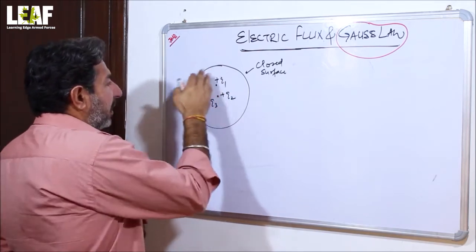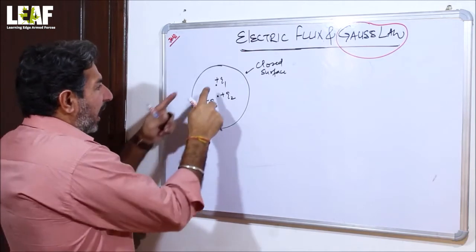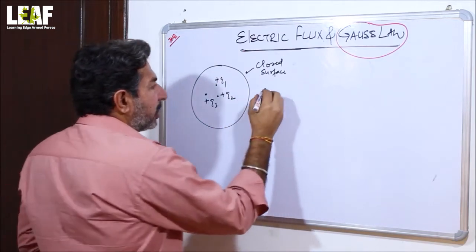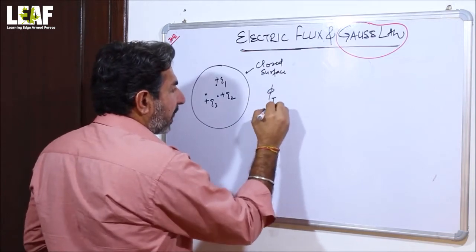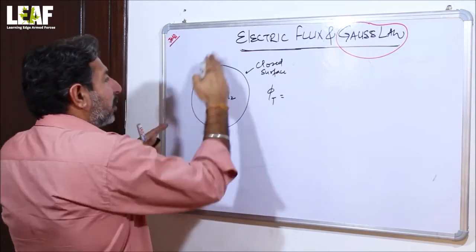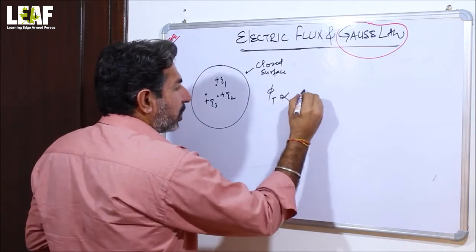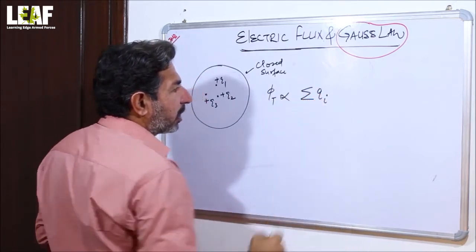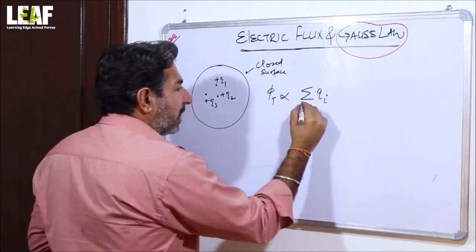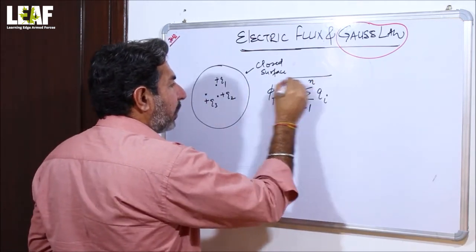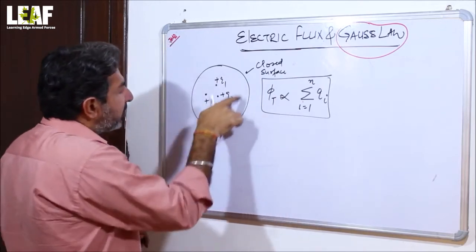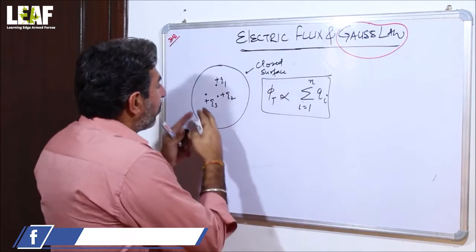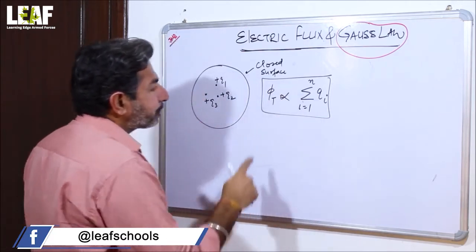I have just taken a closed surface and enclosed certain charges in it. So the total electric flux passing out of this closed surface is proportional to the sum of all the charges enclosed by this surface, with i running from 1 to n. In this case, I have just shown 3 charges. Otherwise, charges can be from 1 to any number, right?